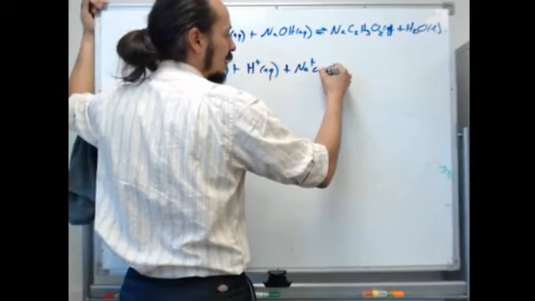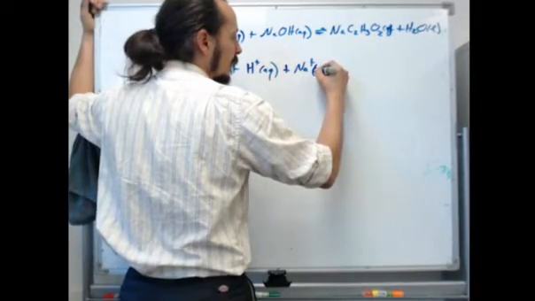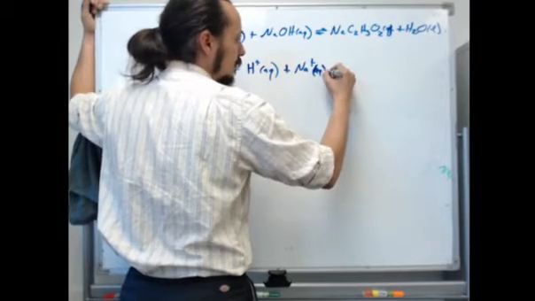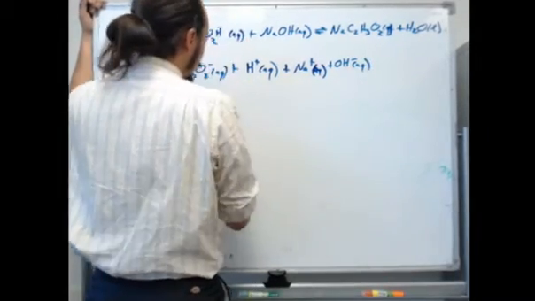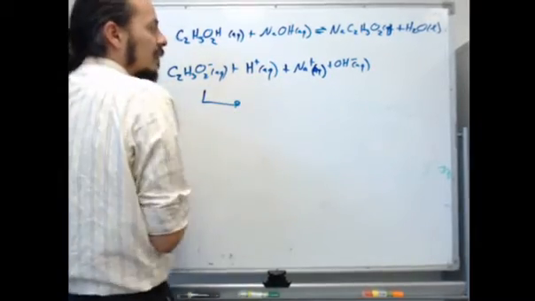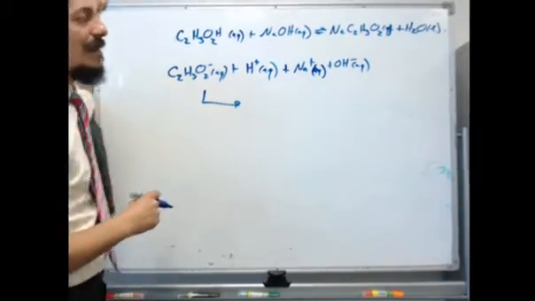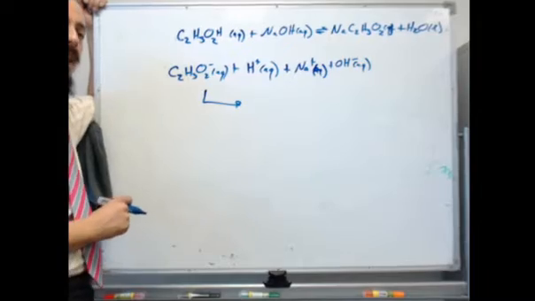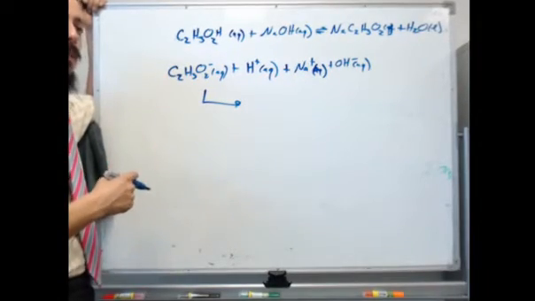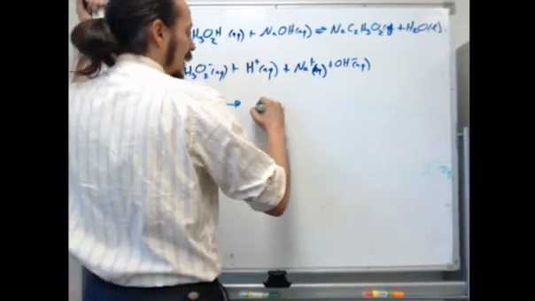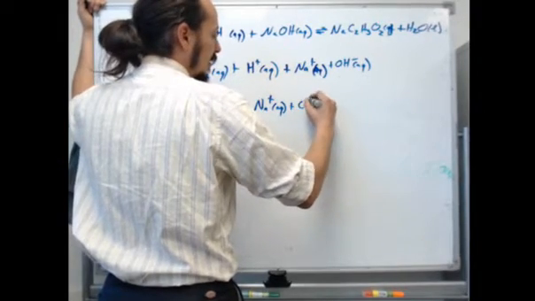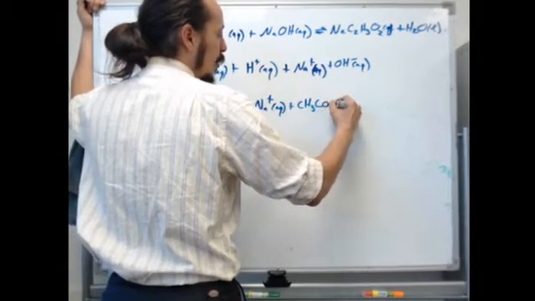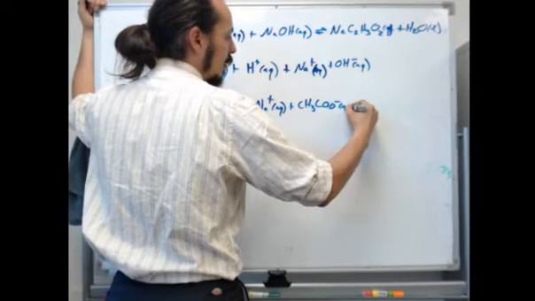Sodiums are always aqueous, and OH minus aqueous. I didn't give myself enough space, so I'll just do this. Sodium acetate, aqueous. I look at the bonds in sodium acetate. I'm going to go ahead and get Na plus aqueous plus CH3COO minus aqueous.